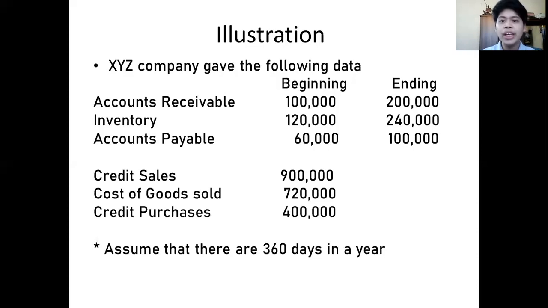Okay? So ano yung hinihingi from us? So, ano ba yung pwede mo ma-solve kung meron kang ganitong given information? Isn't it, you can compute for accounts receivable turnover, inventory turnover, and accounts payable turnover.